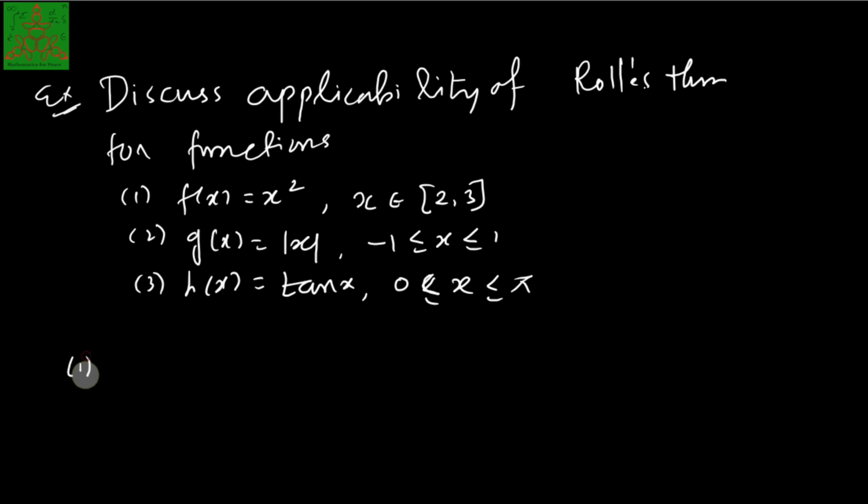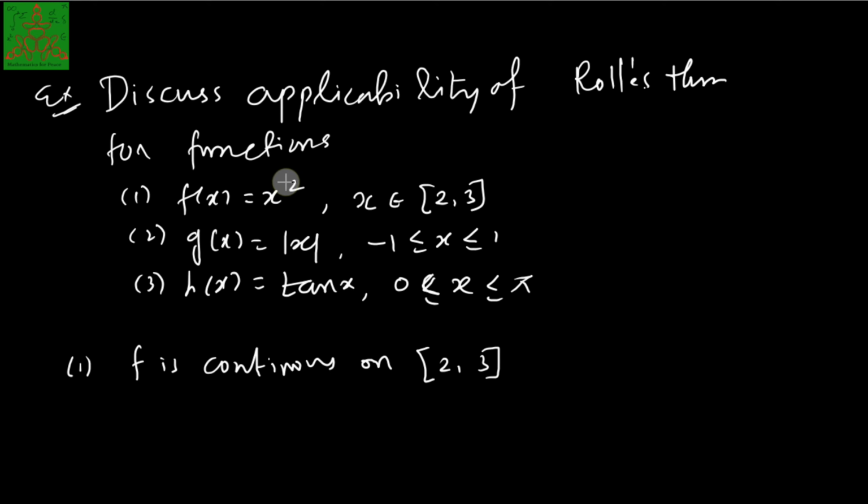For the first example, f is a continuous function on the closed interval [2, 3] because it is a polynomial function, the x² function.